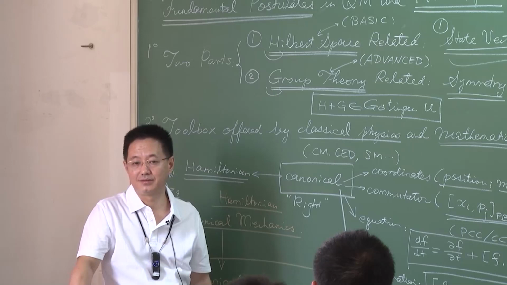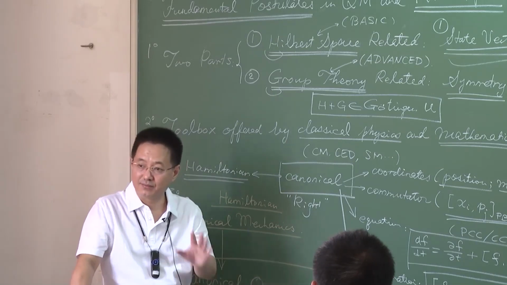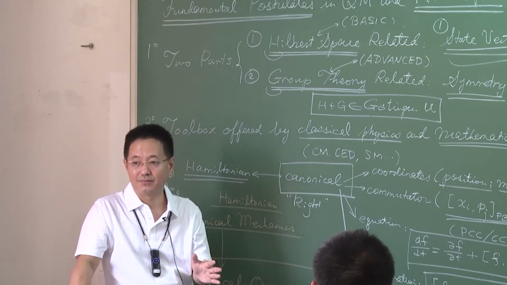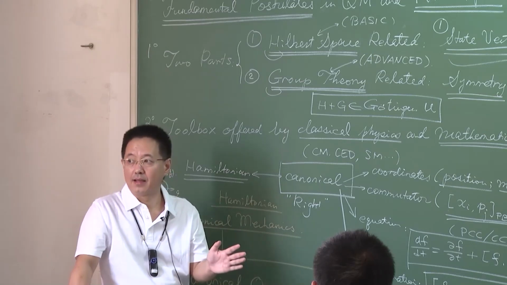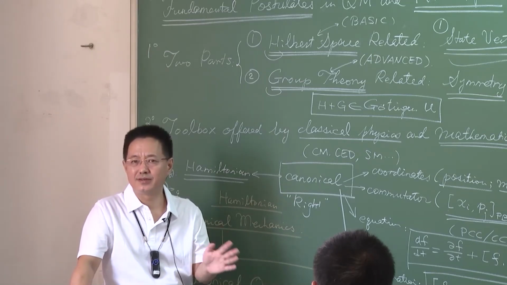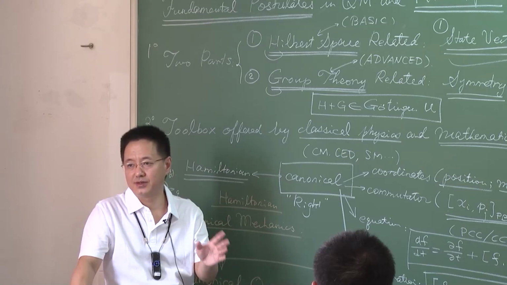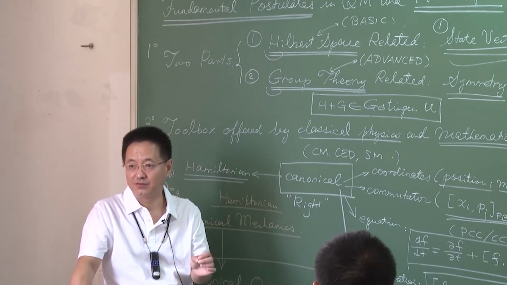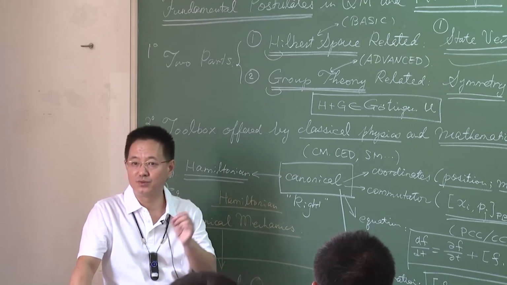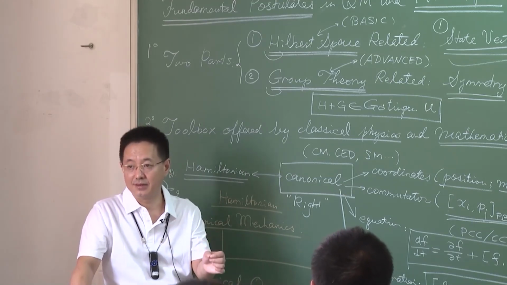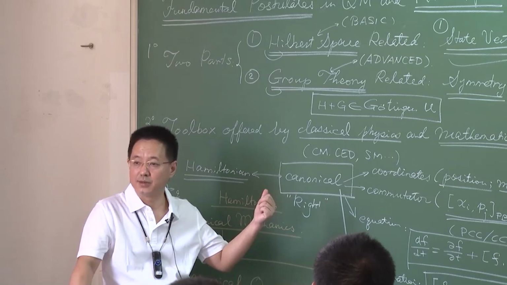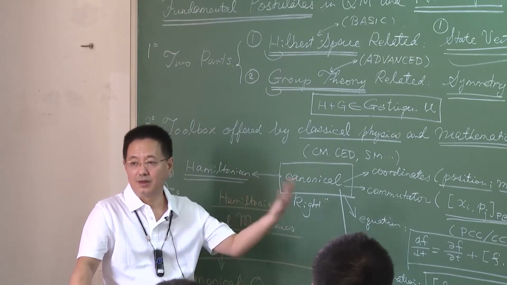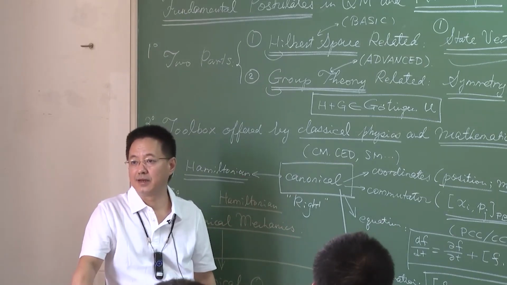But there were some very young guys. Around 1926 or 1927, two young guys from Hungary moved to Göttingen and studied and worked with Hilbert and some old, very famous guys in mathematics.